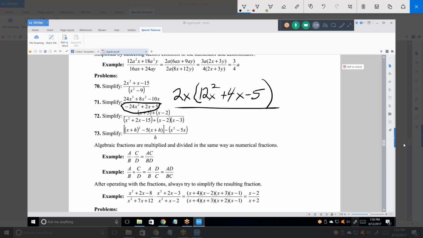Makes it so much easier. Well, what if I divide the bottom by minus 1 as long as I divide the top by minus 1? That puts a negative in front of that minus 2x. And the bottom now becomes 24x squared minus 2x minus 5. And now at least that probably factors a little bit easier.